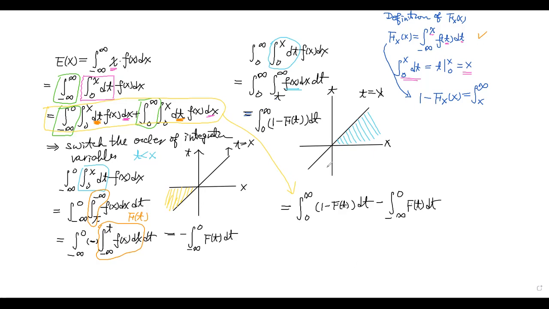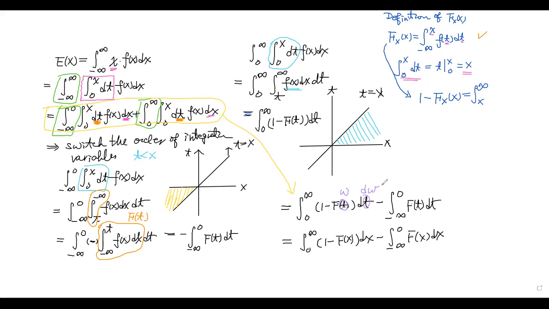Okay, since the problem said x, because the variable doesn't matter, you can change it to 1 minus F of x dx, and minus the integral from negative infinity to 0 of F of x dx, right? So you can change this t, it doesn't matter. You can say, how about this is w? That's fine. So you can say this is dw, right? So now we just change it to x. So let's match what the problem asks us to do.